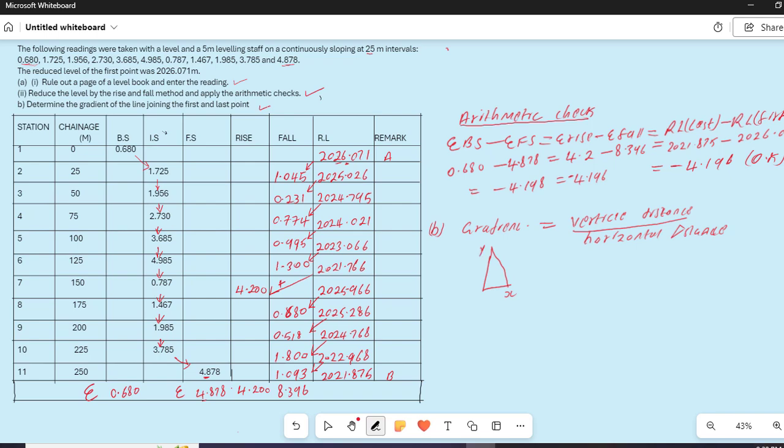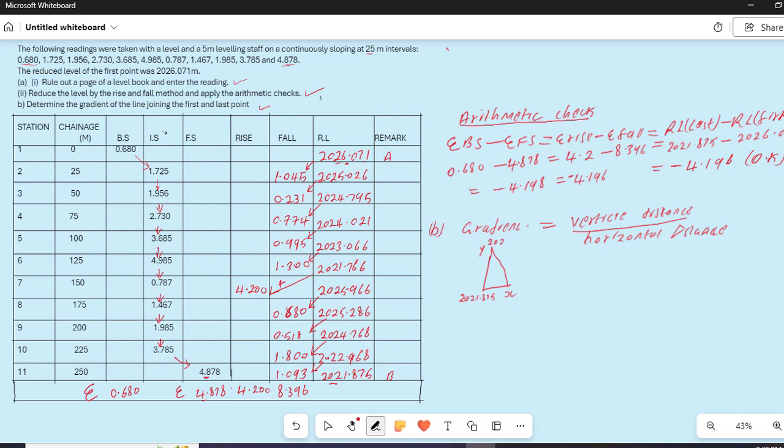What we need is our vertical distance, which is given by the reduced levels. I'll take my first reading, 2021.875, here, and at the top I have 2026.071.